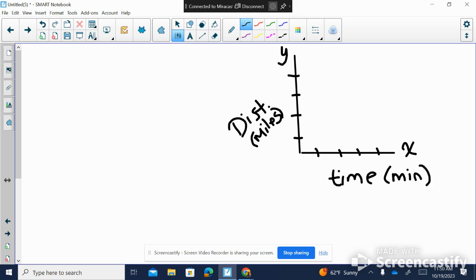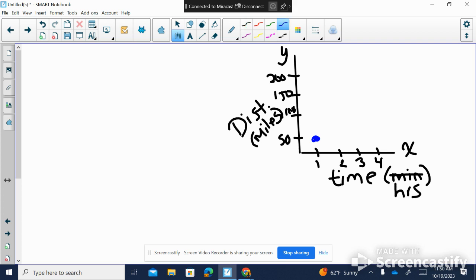And so I want to plot some points. Let's say this is 1, 2, 3, 4. Let's go by 50s. 50, 100, 150, 200, and so on and so forth. Now the point 1 comma 50 tells me that in 1 minute, I've gone 50 miles. No, that's a lot. Let's change minutes to hours. That makes more sense.